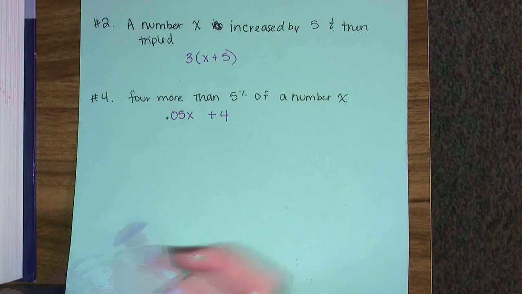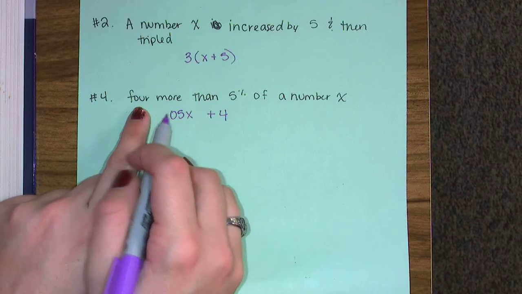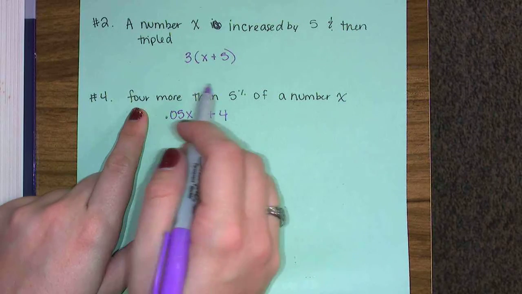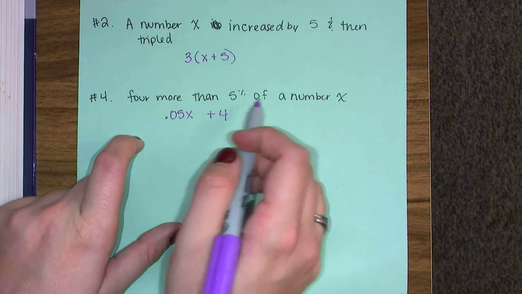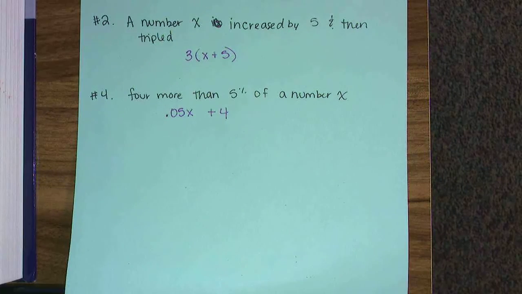The reason it's not 0.5 times x plus 4 is because it says 4 more than 5% of x, so we add 4 at the end. It's really important to pay attention to the order that it's asking you to do stuff with these kinds of problems.